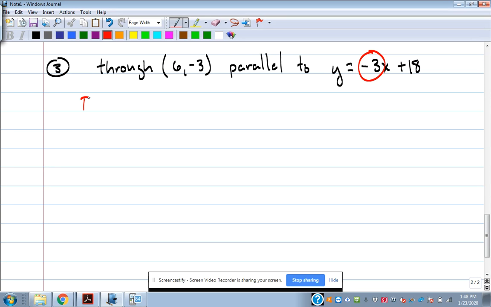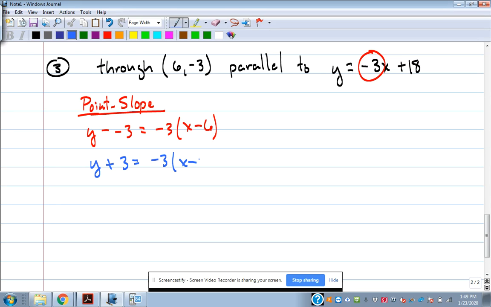So we're going to do the same thing. We're going to go point slope. I don't know why I didn't abbreviate it this time, but anyway, y minus -3 equals -3 x minus 6. I can simplify that a little bit and get y plus 3. And there's our point slope equation.